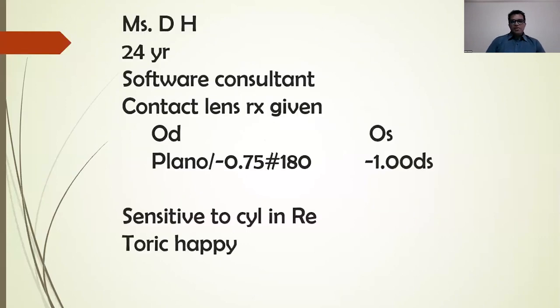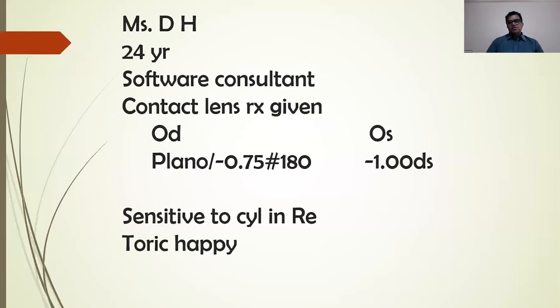A few examples I'm giving you here from day-to-day practice. You have a 24-year-old software consultant. She has a spherical lens prescription in one eye and a spherocylindrical in the other eye. Now, if you give a spherical contact lens to both eyes, the patient will definitely be happy.